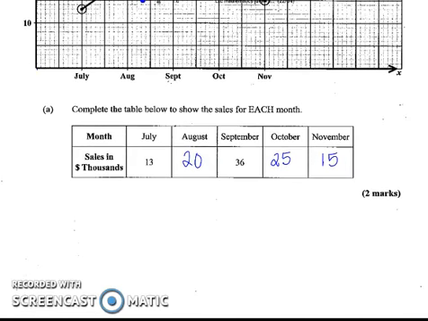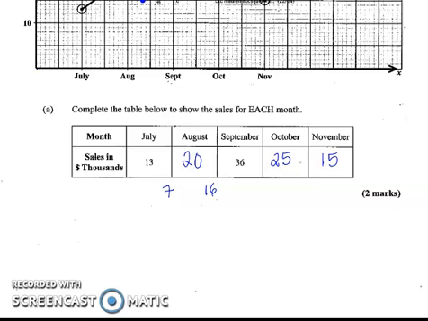I find that sometimes with a line graph, it is useful to see the difference between the different months. So between July and August, there's an increase of $7,000. Between August and September, there's an increase of $16,000.